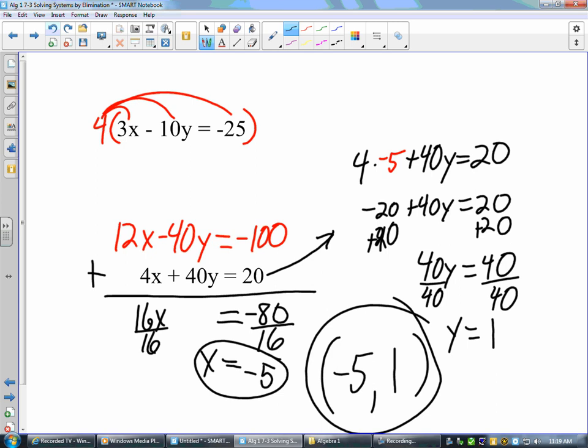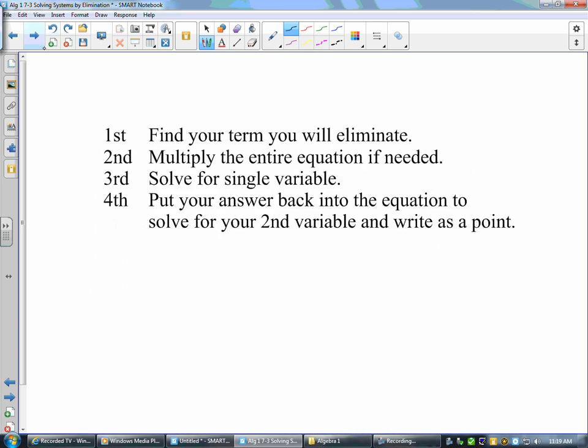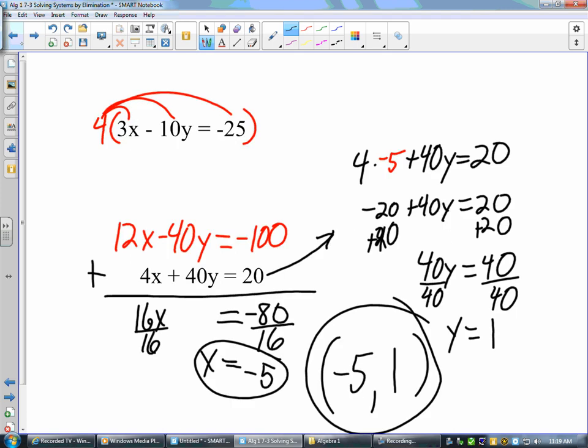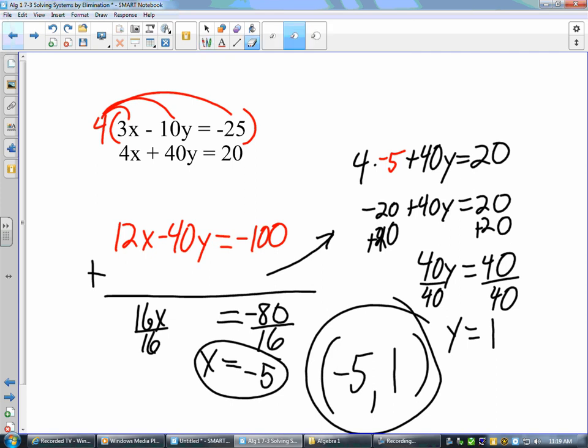Sometimes you may have to multiply more than one of these terms. You may have to multiply them both. If I wanted to eliminate this, by the way, by eliminating the x, instead of multiplying both sides times 4, you could multiply the top times a 4 and the bottom times a minus 3.